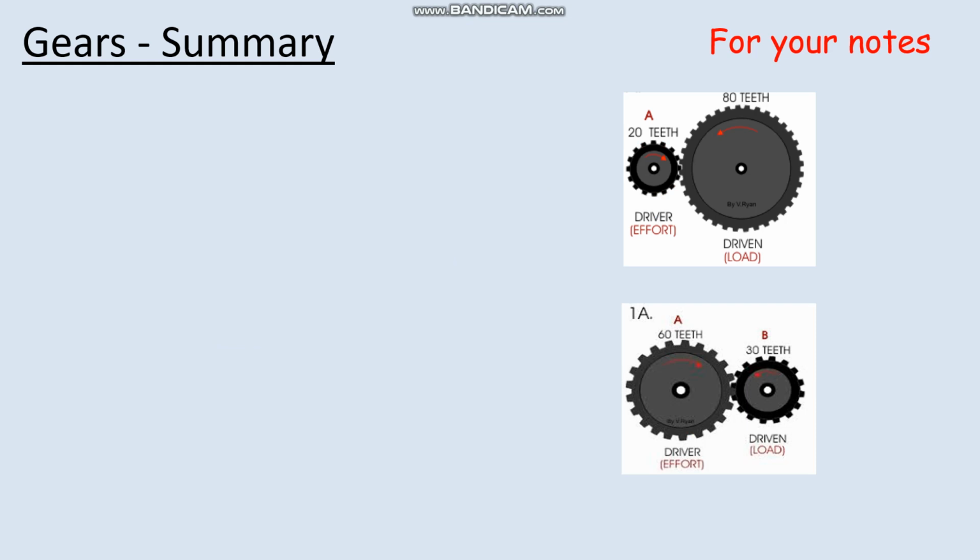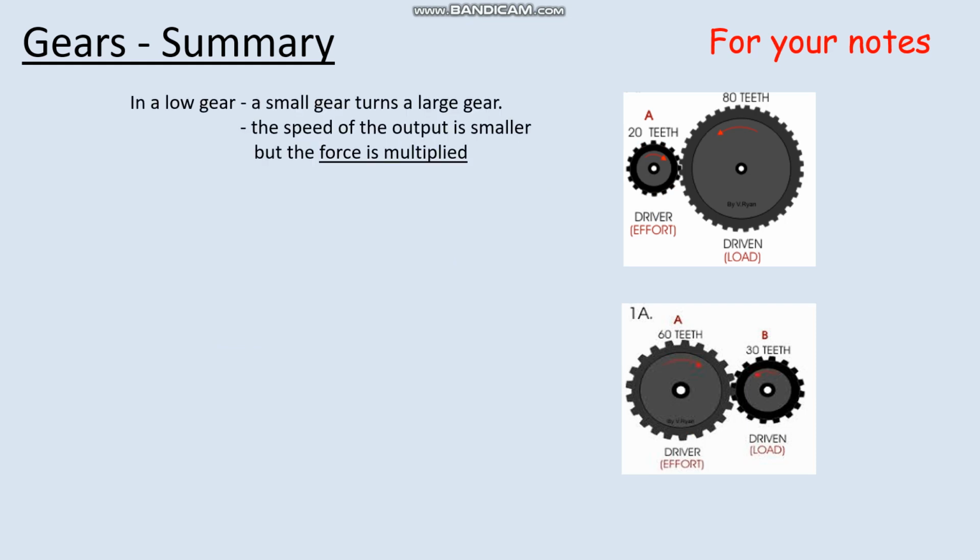Okay, so a nice little summary again for your notes. The top gear here on the right hand side is what we term a low gear, and that's when we use a small gear to drive a large gear. We saw that in the example a few moments ago. The speed of the output is smaller, so this moves more slowly than the driver, the one that you're turning, but the benefit is that we get an increased turning effect, a greater moment.